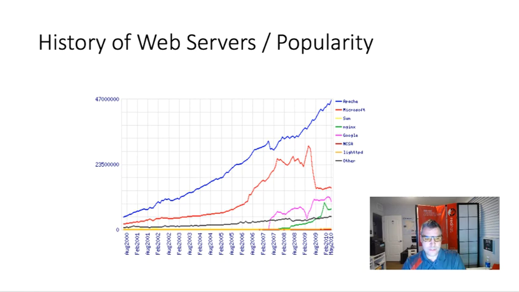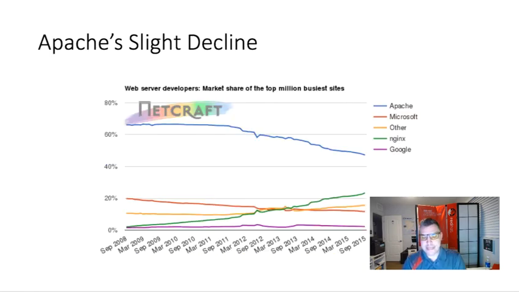And so we'll see here when we look at Netcraft, who does this analysis, looking at from 2008 to current day, that Apache has slowly been on the decline. So now, as of September of 2015, which is now a year old, Apache had lost, it wasn't even about 50% of the internet. And as we see here in the green, where Nginx in 2008 barely existed, Nginx, at least a year ago, had about a little over 20% of the market.